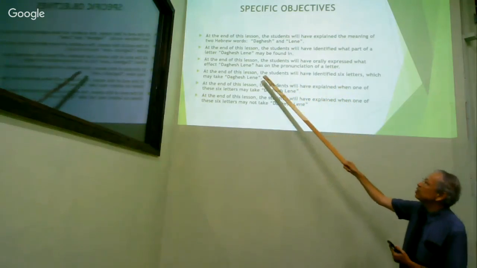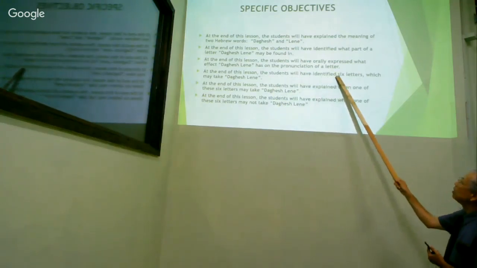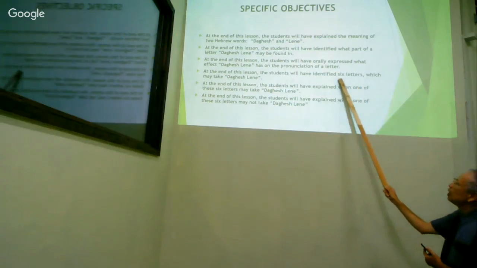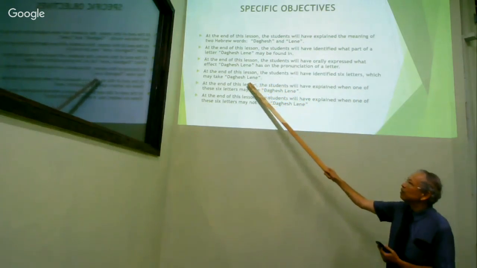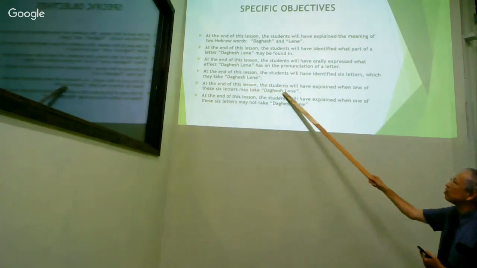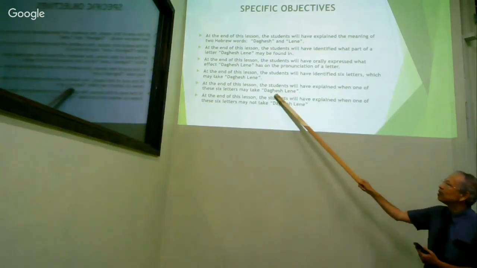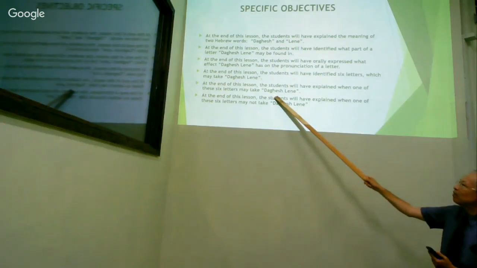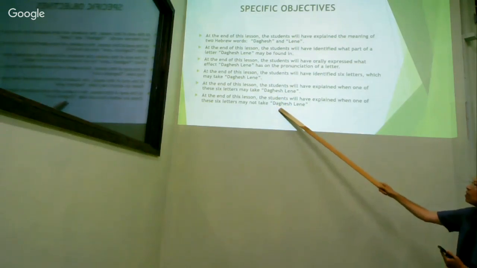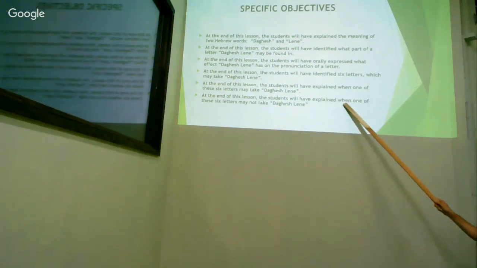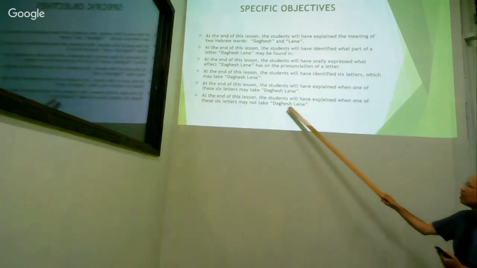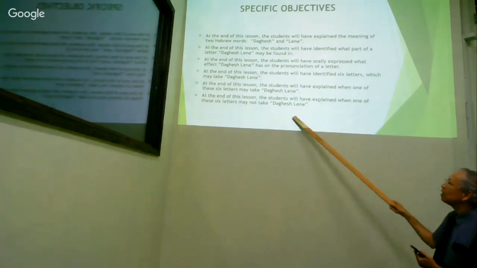They will have identified 6 letters which may take Daghesh Lene, explained when one of these 6 letters may take Daghesh Lene, and explained when one of these 6 letters may not take Daghesh Lene.